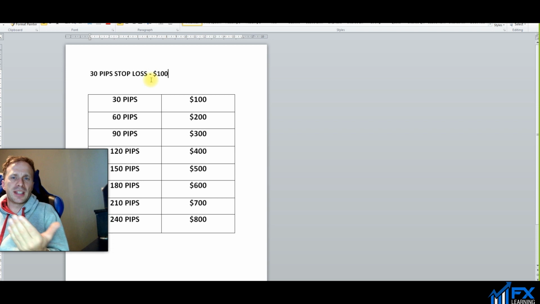If I lose this trade at 30 pips, I'm losing $100. When this trade goes 30 pips in profit, I'm making $100. When this trade goes to 60 pips in profit, I'm making 200. 90 pips, 300, 240 pips, $800. Now this is a 1, 2, 3, 4, 5, 6, 7, 8. Almost a 1-to-8 risk reward ratio.